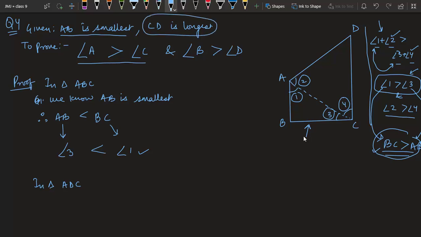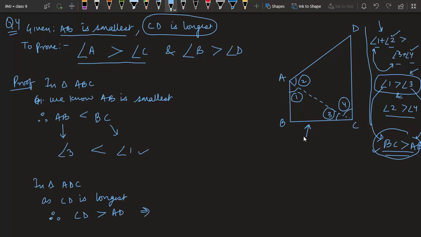Now we know in ADC that CD is the longest side. As CD is longest of all the sides of the quadrilateral, therefore we can say CD is obviously more than this side, AD.